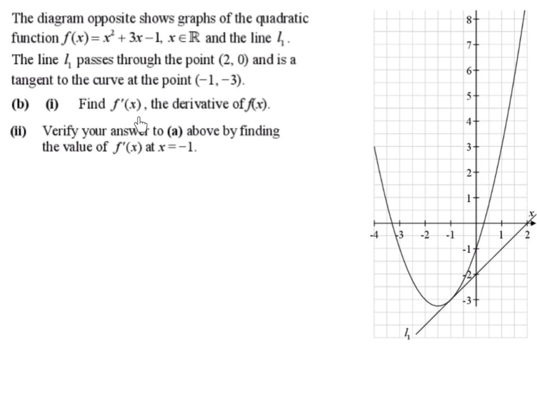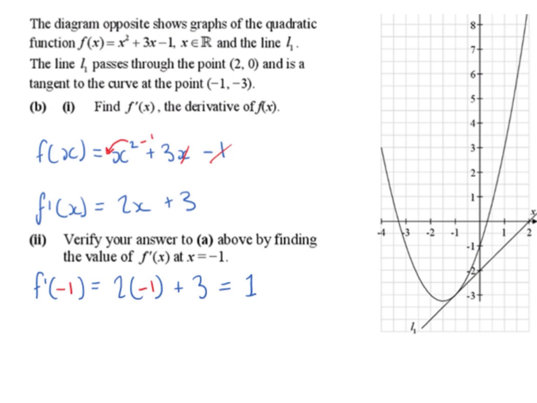B. Find f prime x, the derivative of f of x. Verify your answer to A above by finding the value of f prime x at x equals minus 1. So our function is f of x equals x squared plus 3x minus 1. And what we want to do is find f prime x, the derivative.